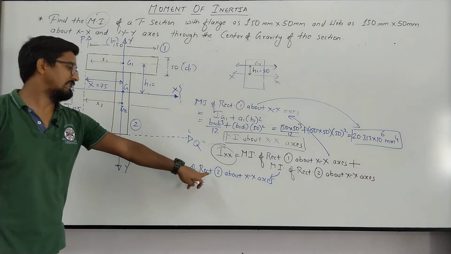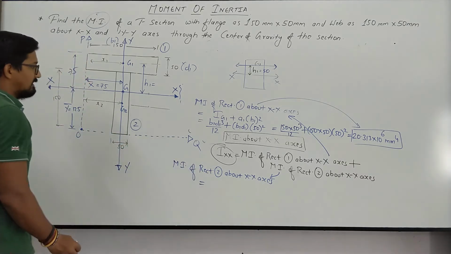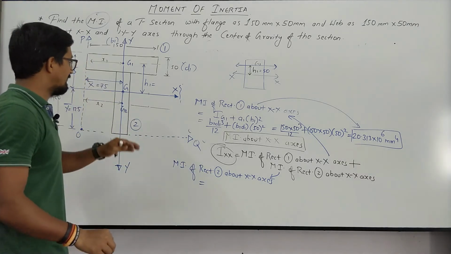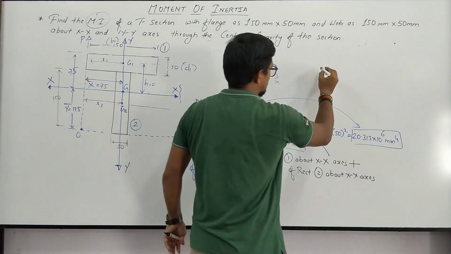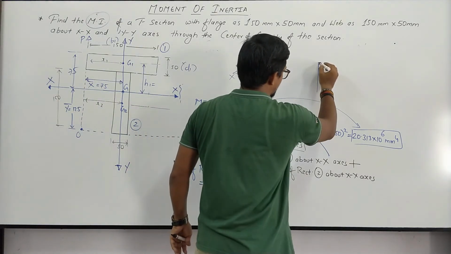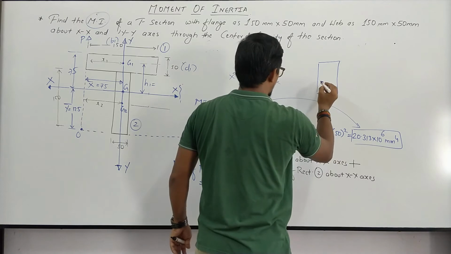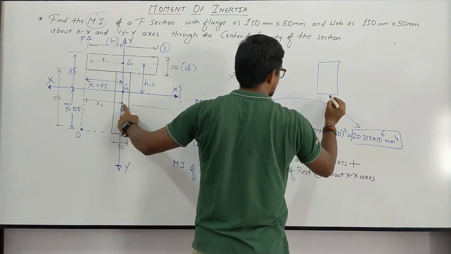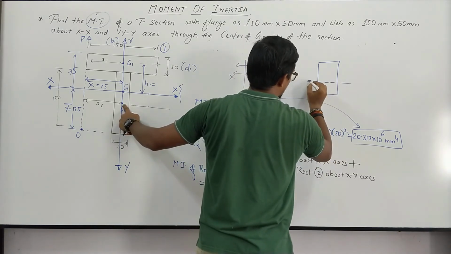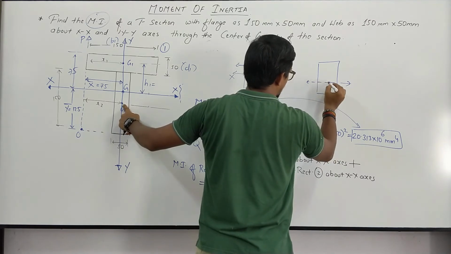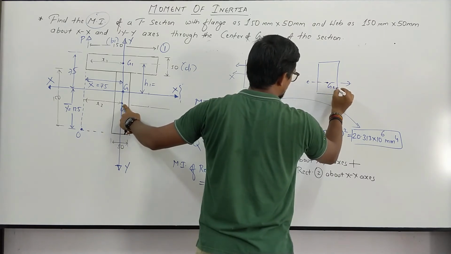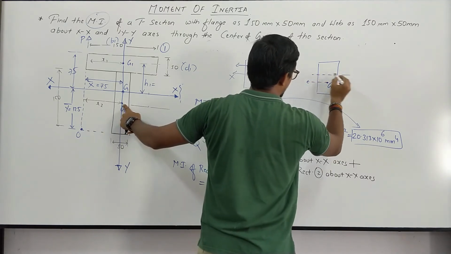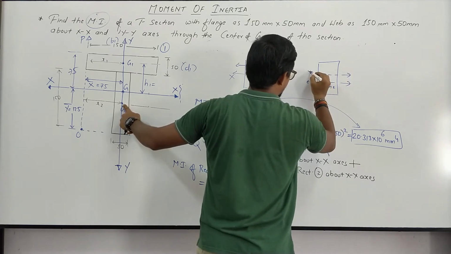Now again I will draw another diagram for your clear understanding. This is the CG, suppose this is the axis and this is the point G2, and this is x.